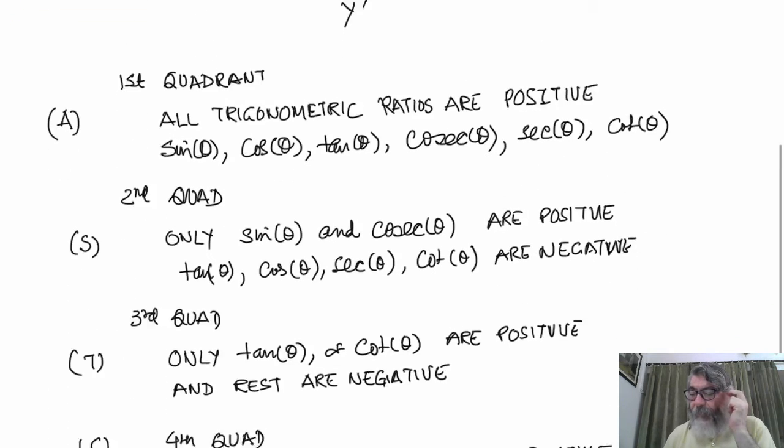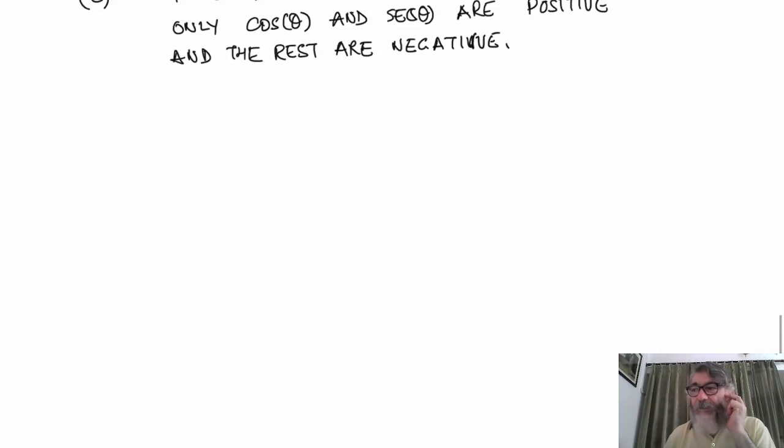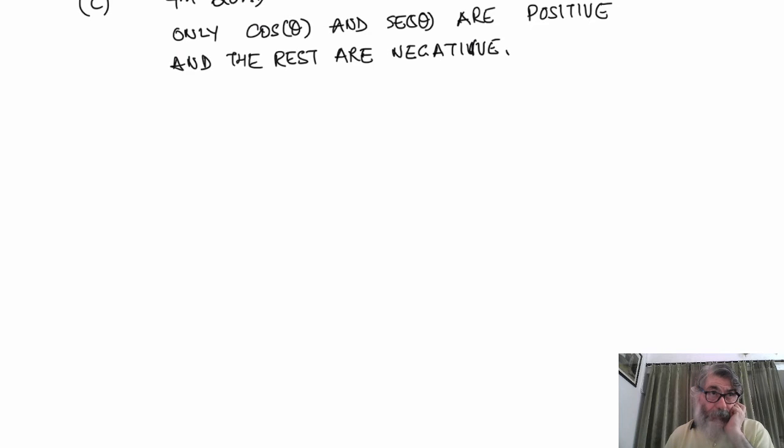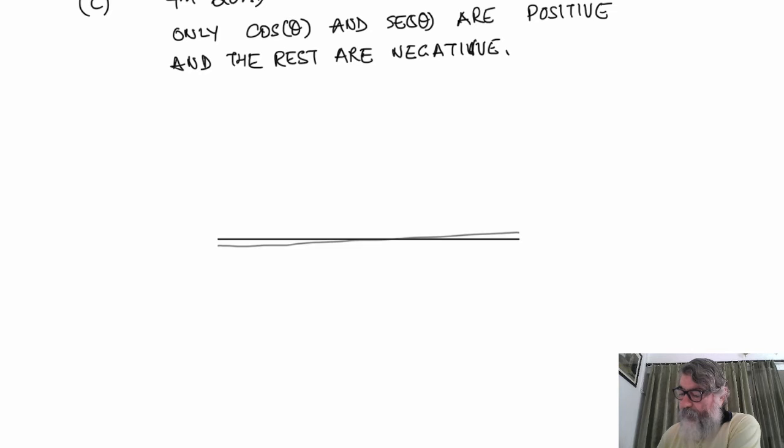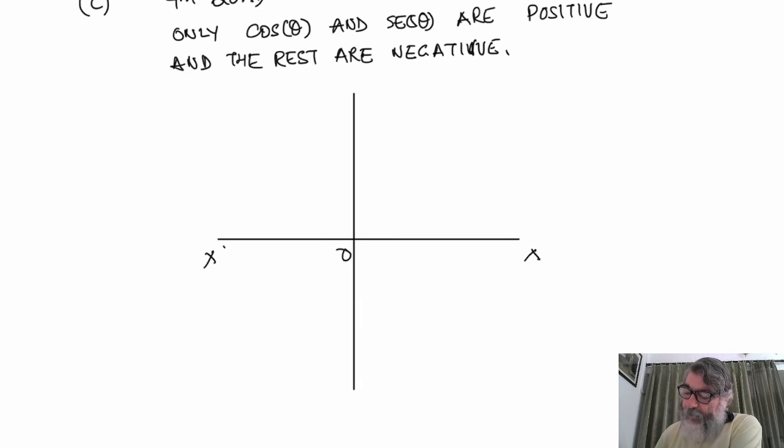Now, if you remember, yesterday we discussed certain things. And if you remember that, again I'm going to draw the axes for you. This is x, this is x dash, this is y, this is y dash.